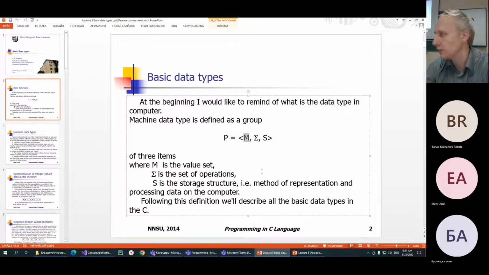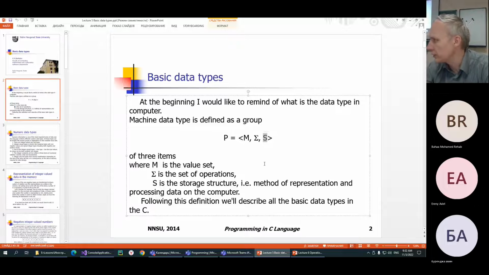So each data type has a set of values, and integer numbers have some predefined range of representation. We can apply only a fixed number of operations for each data type, and the values of a particular data type are stored in computer memory using some storage structure.